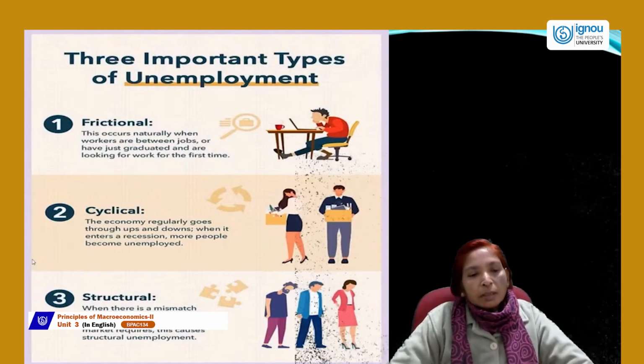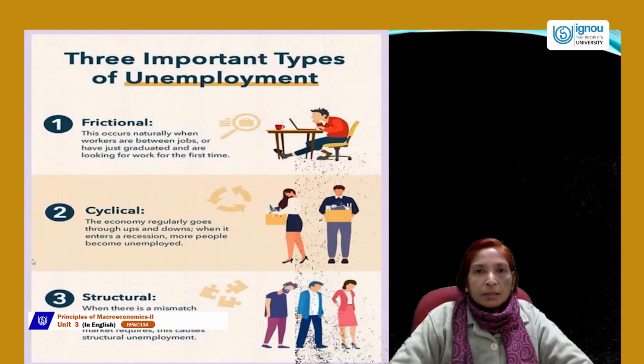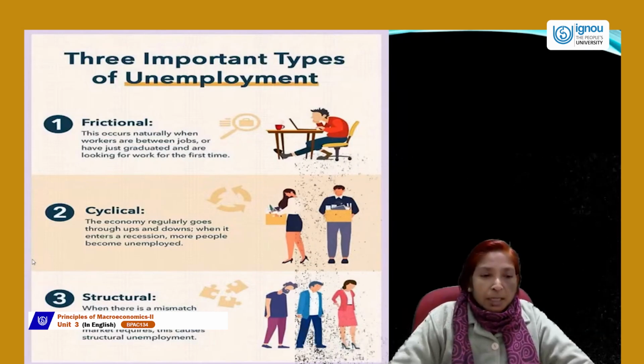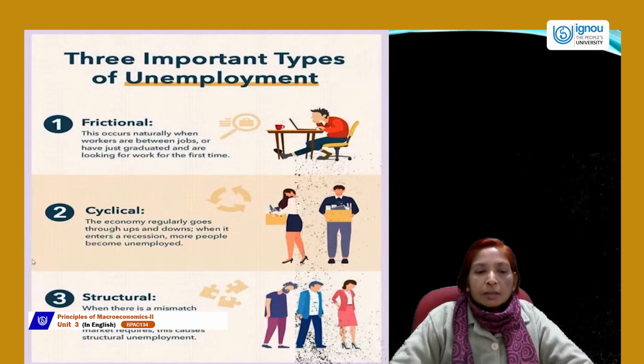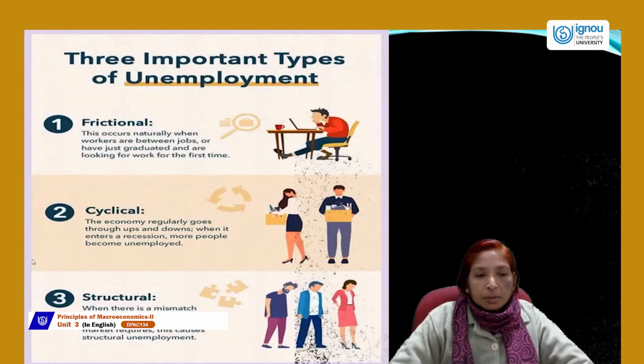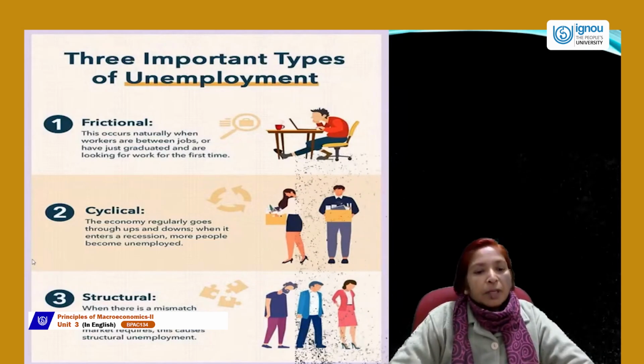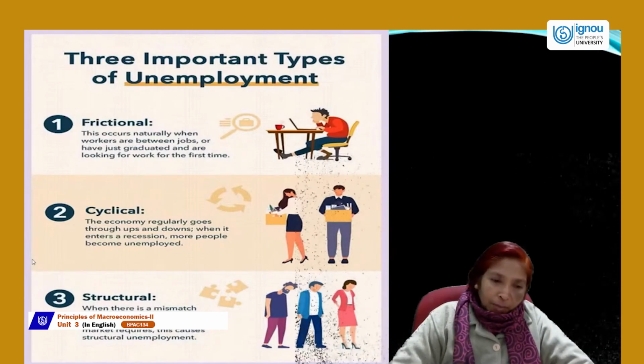Next is structural unemployment. Structural unemployment is that unemployment when there is a mismatch between the skills people have learned and the skills the job market requires. This causes structural unemployment.